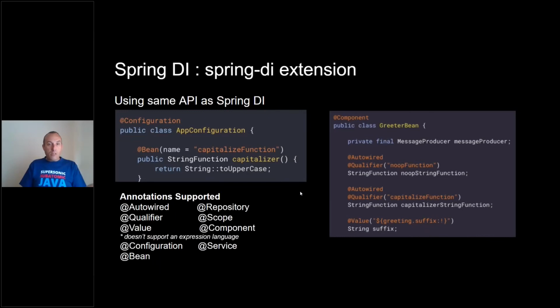There are several annotations supported, so you don't need to touch that code in order to move to Quarkus. Why? Just because the extension is using the interfaces, but the implementation is going to be replaced by Quarkus, so it's going to be generated by Quarkus on build time. So you think you're using Spring, but in fact, you are simply using the interfaces. Quarkus will generate the implementation on build time.